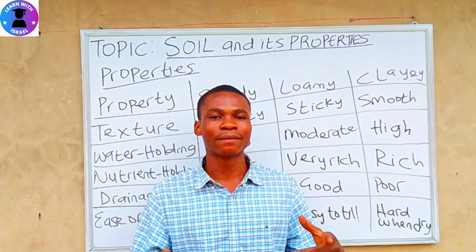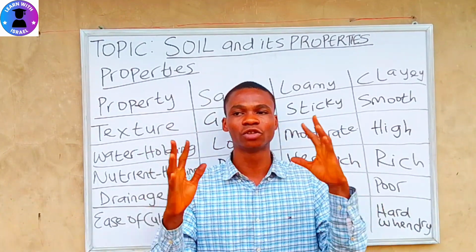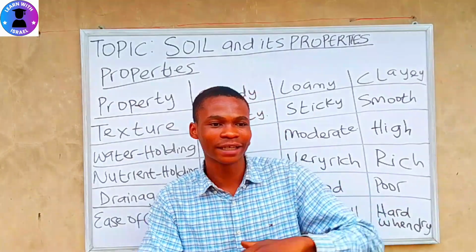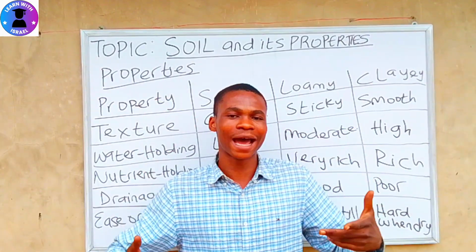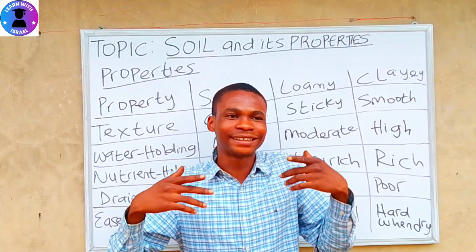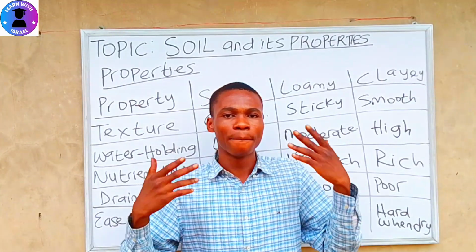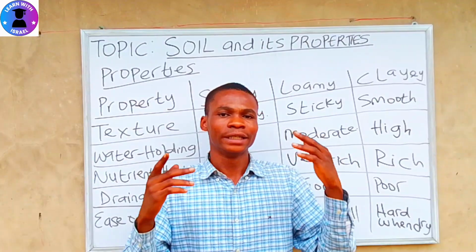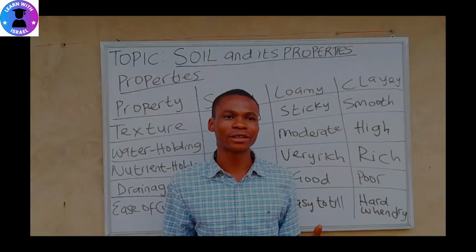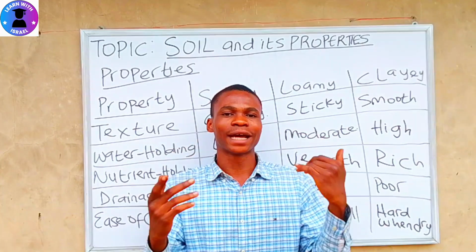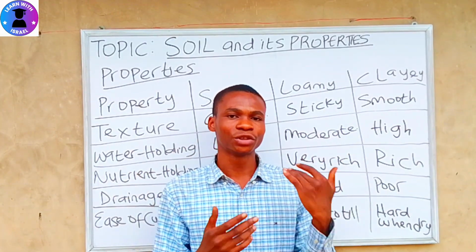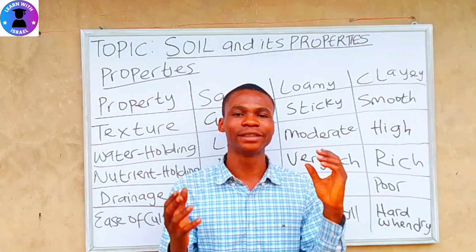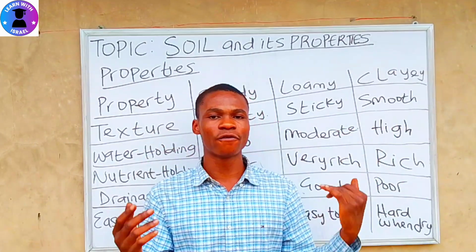So far, we've talked about the definition of soil, that soil is the topmost layer of the earth's surface, and it is the foundation where plants grow. It serves as the support system for plants, and we talked about the importance of soil in agriculture and environment, and how buildings are constructed on soil, and how soil retains water and stores it underground during rainfall.